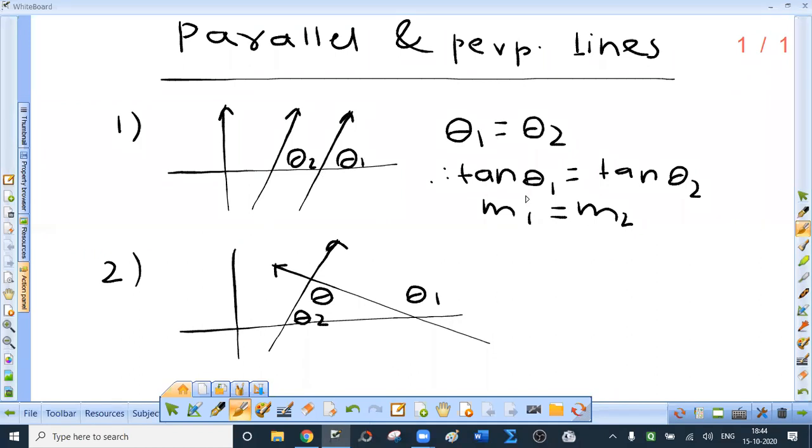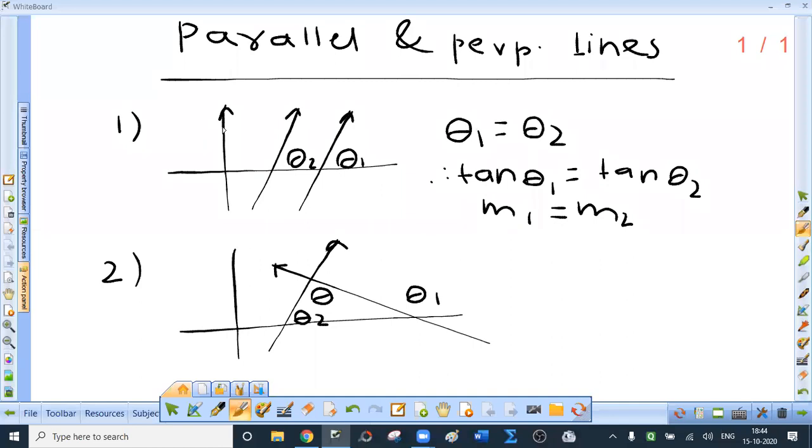So we have to say that parallel lines have the same slopes.